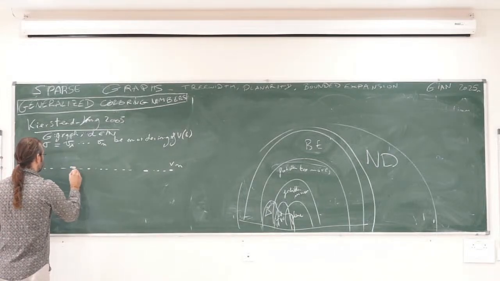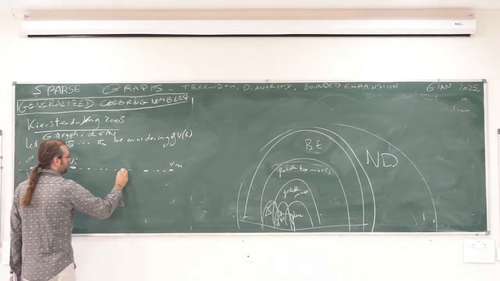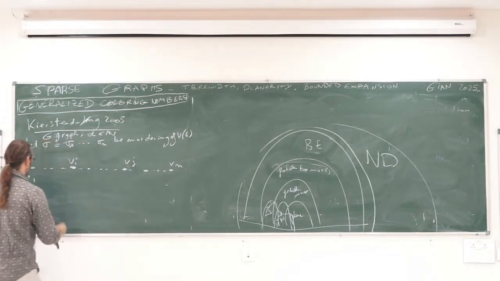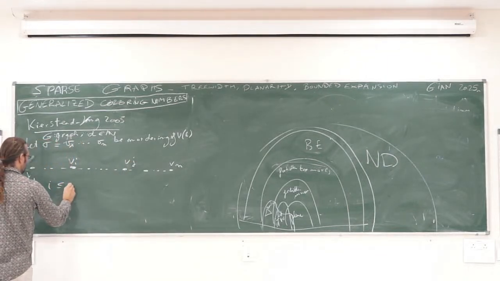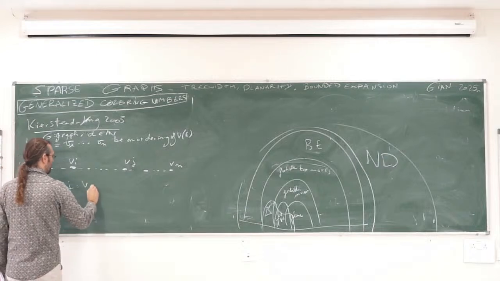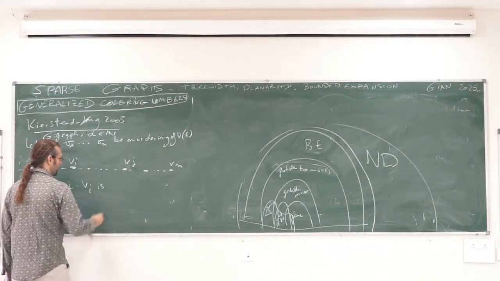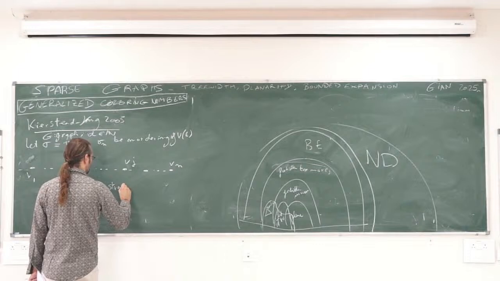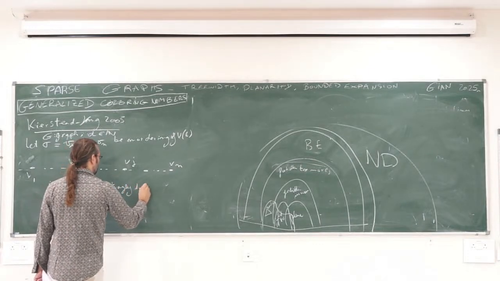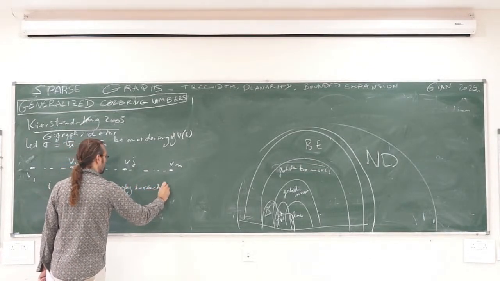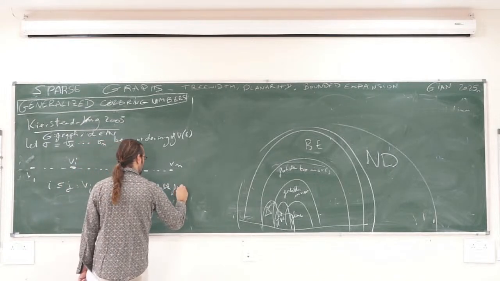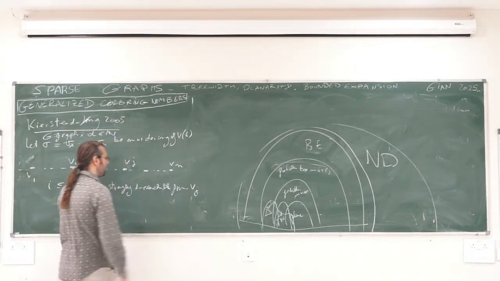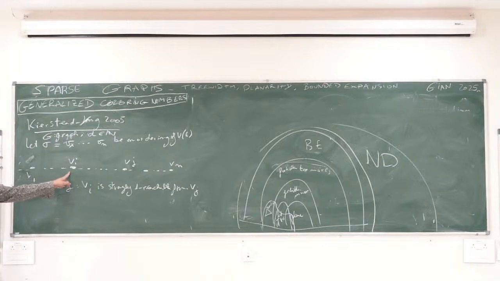take some Vi and some Vj. So for i at most j, we say that Vi is strongly d-reachable from Vj. What is important here is that Vi is to the left of Vj.